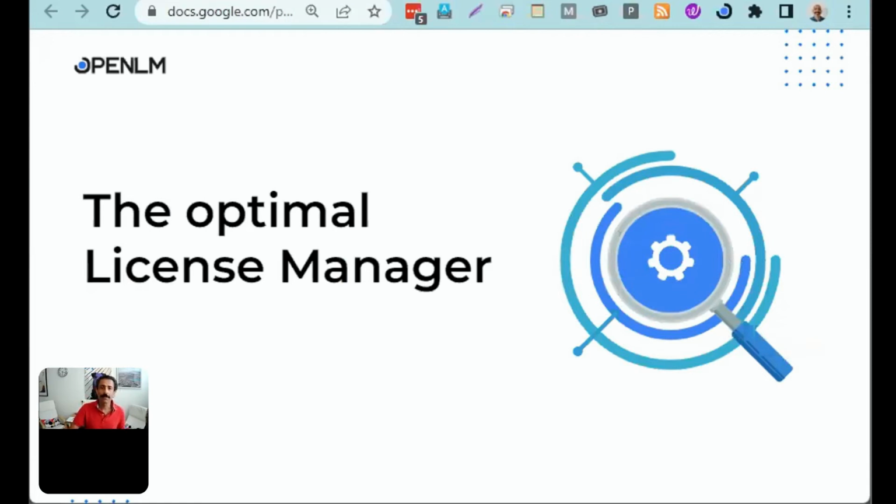Let's think for a minute about what we would like to get from the optimal license manager. I have some ideas, and I would like to hear what you think. I think that the main thing is that we want the information. We want to get as much information as possible about the utilization of the software licensing, how it is used, and this is the base to everything.